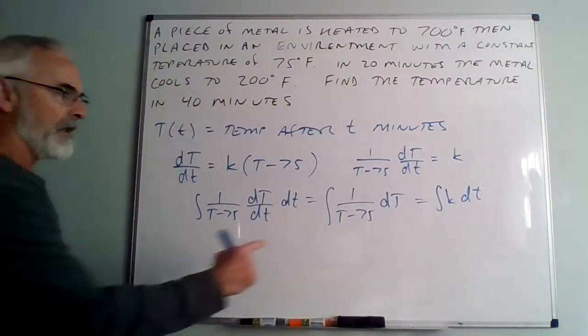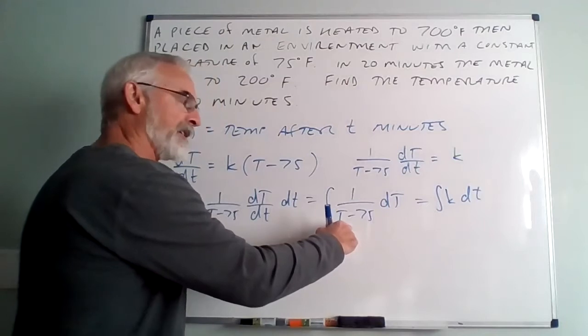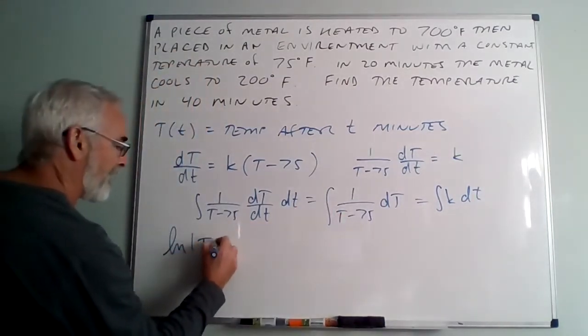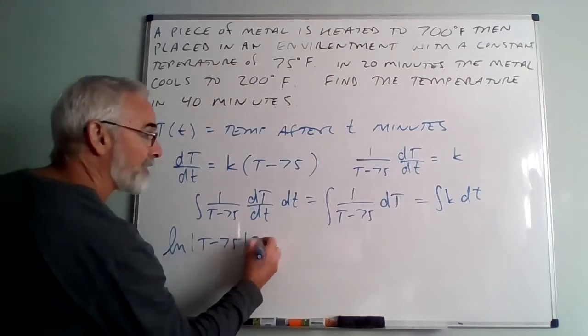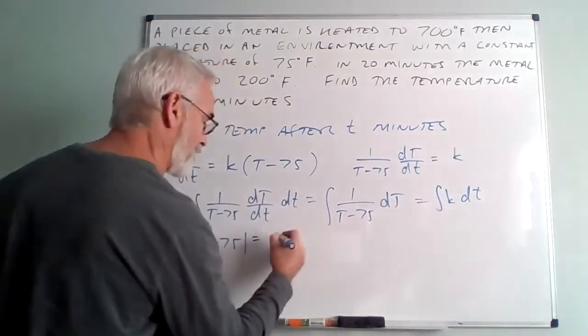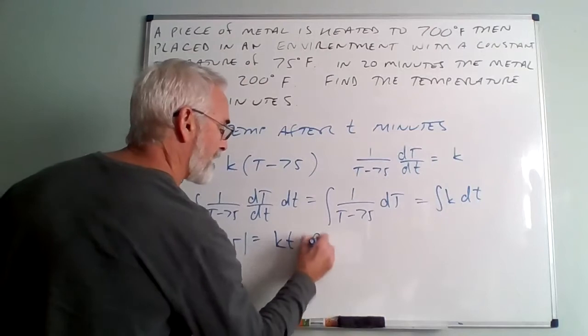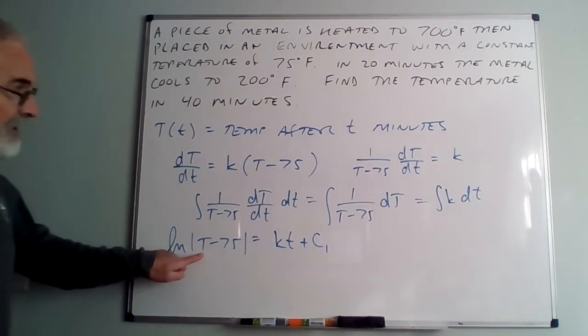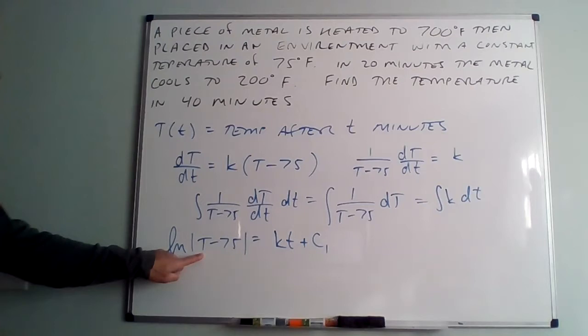Now, this integral clearly is just the natural log, so we get the natural log of the absolute value of T minus 75 equals, on this side, kt plus an arbitrary constant. I'm going to call it C1 because there's going to be more than one. Because the temperature is hotter than 75 degrees at all times, we can drop the absolute value.